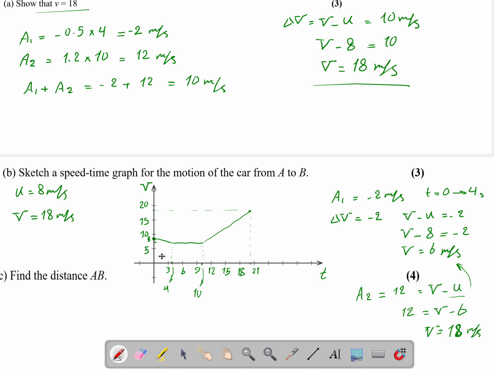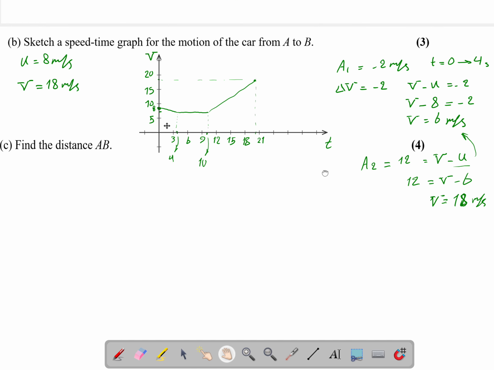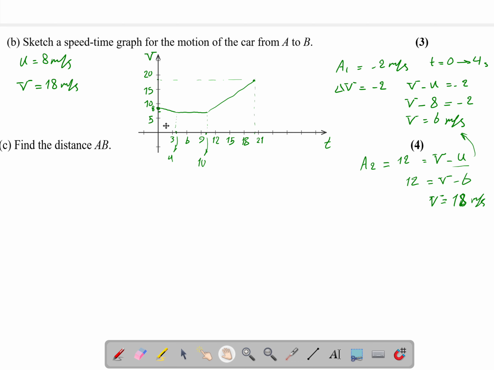For the next part, find the distance between A and B. Distance between A and B. So you know that area under the graph of velocity time graph gives us the displacement, and in speed time graph it gives us distance.